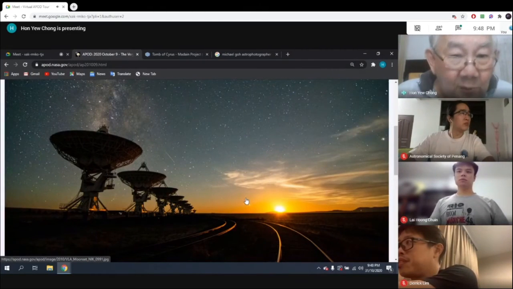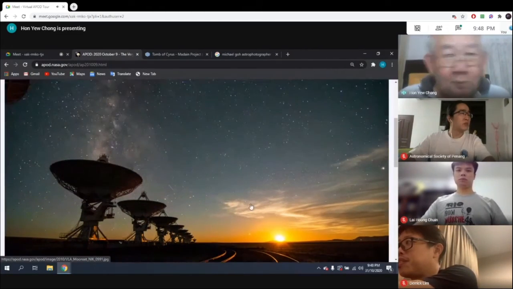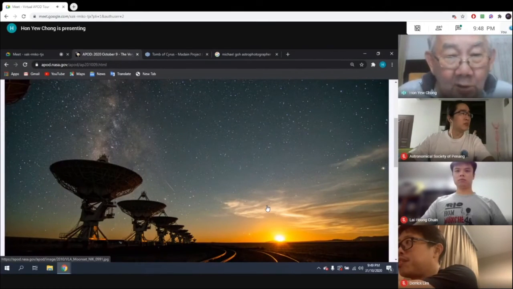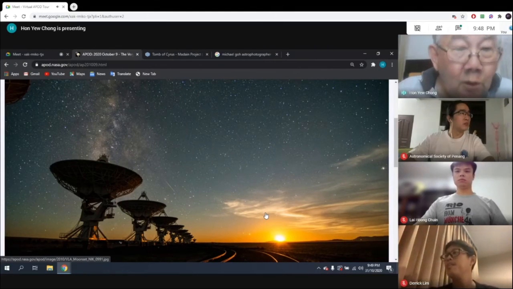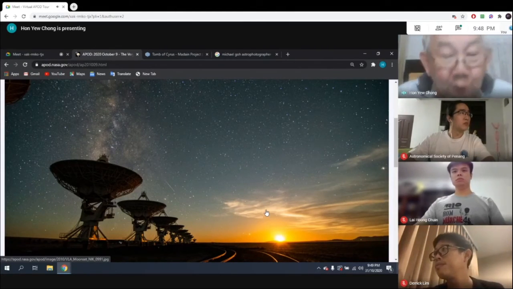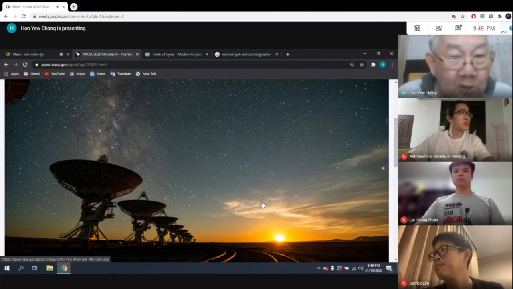So very beautiful. But of course, this is not the more fantastic one. The more fantastic one, remember, last year, our Malaysian astronomer, Dr. Kevin Quay, with the telescope, took the image of the black hole in the center of M87, the first image of a black hole.